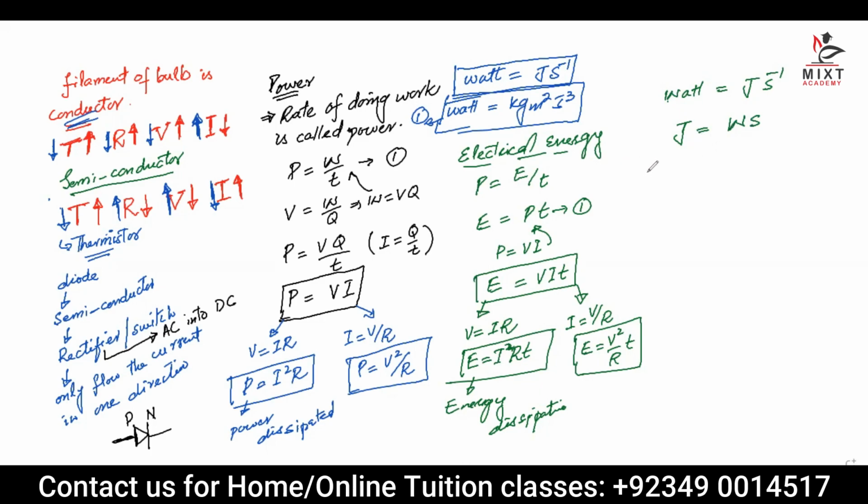But electrical equipment uses kilowatt hours. The electrical unit is kilowatt hour because watt second is a very small unit. We know that kilo is equal to 1000 watt and hour is equal to 3600 seconds. So kilowatt hour will be equal to 3.6 into 10 raised to power 6 joule, or we can write kilowatt hour is equal to 3.6 megajoule.